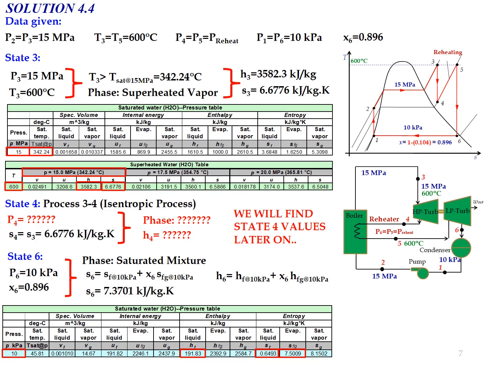So at 10 kilopascal, HF equal to 191.83 kilojoule per kg and HFG equal to 2392.9 kilojoule per kg. Substitute these values into the equation for H6, so we can determine that H6 equal to 2335.87 kilojoule per kg. Okay, so that's the value for state number 6.